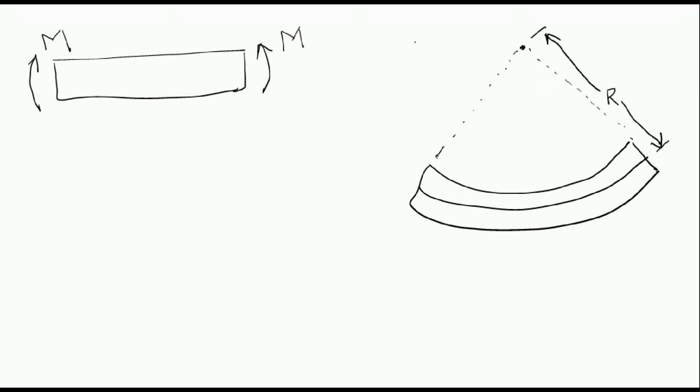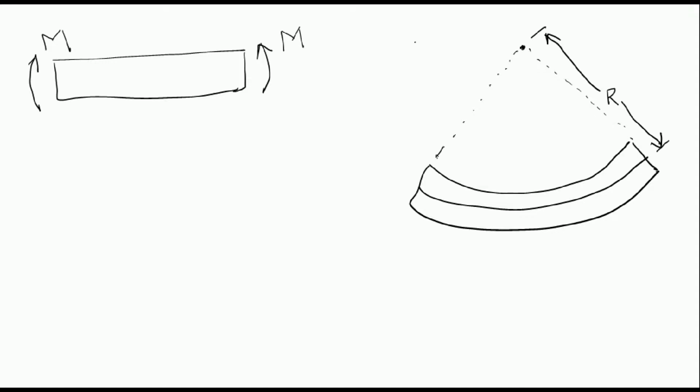Okay, so in the earlier video we had defined the neutral axis. Now let us derive the bending equation. So we have our member which is under pure bending, right?